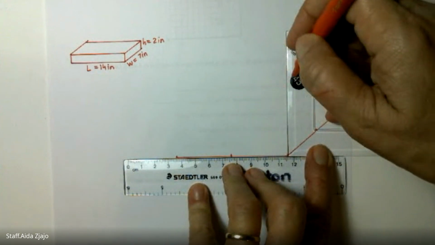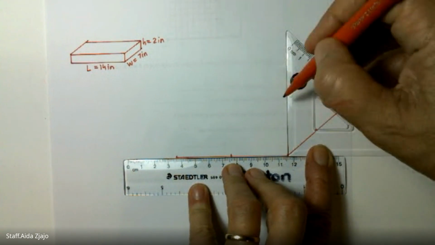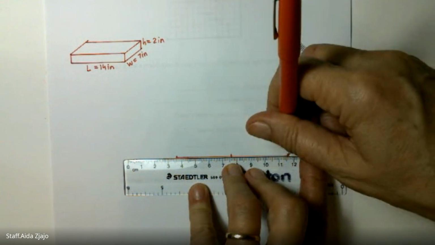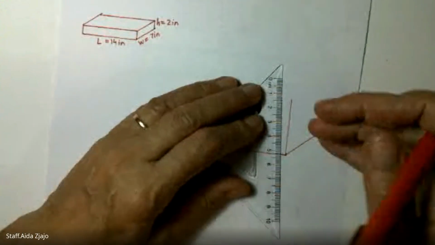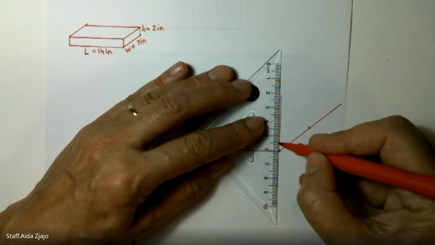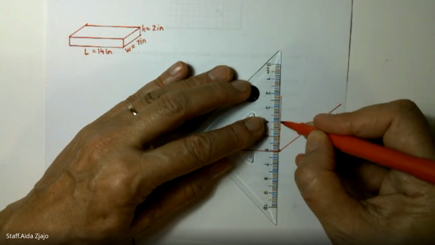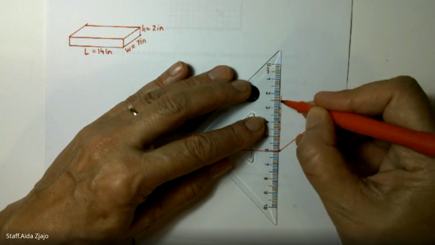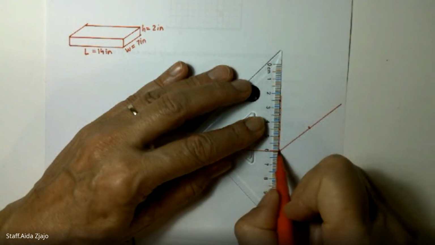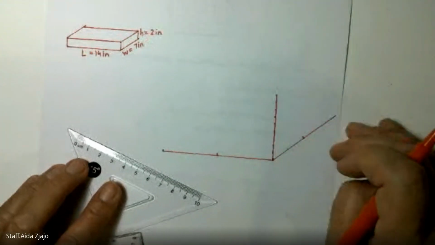And that height needs to be about, let me see, centimeters. So 10 of the half centimeters: 1, 2, 3, 4, 5, 6, 7, 8, 9, 10. So about this much tall my box needs to be.